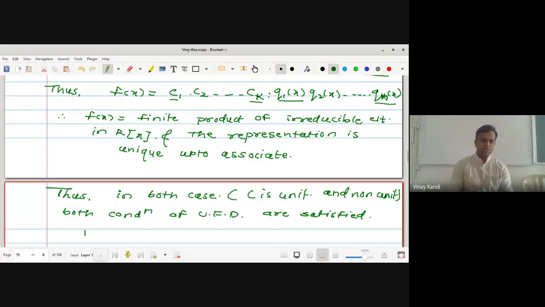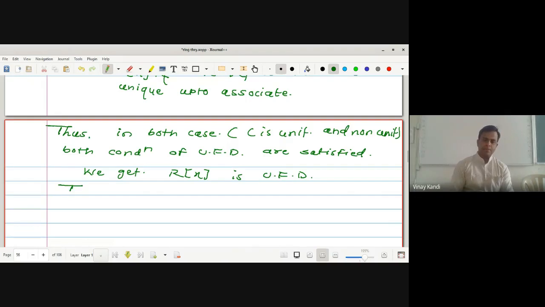Okay, so we get that R of X is a unique factorization domain. Thus, R is a unique factorization domain implies R of X is a unique factorization domain.